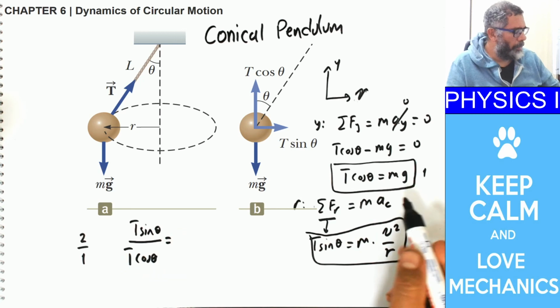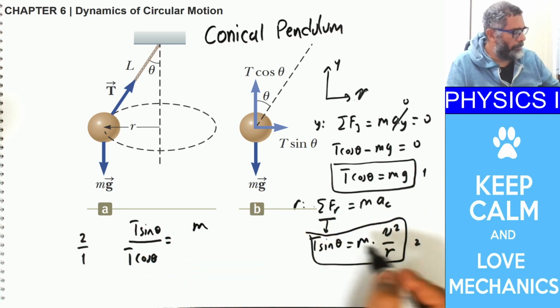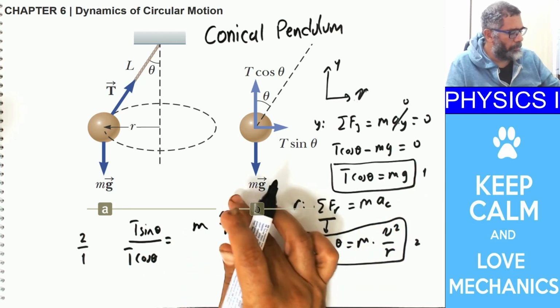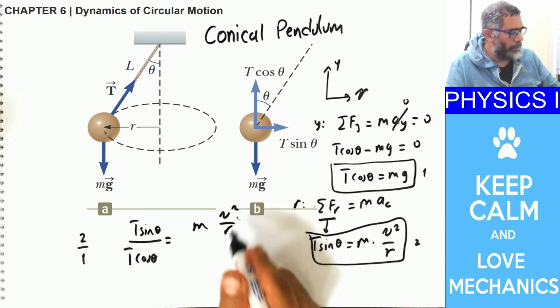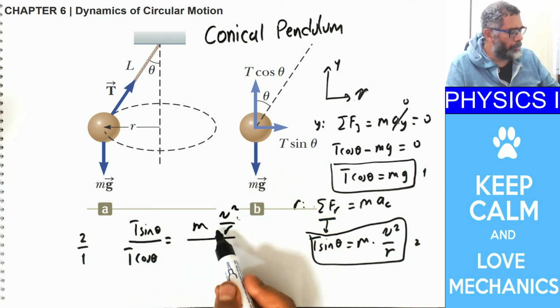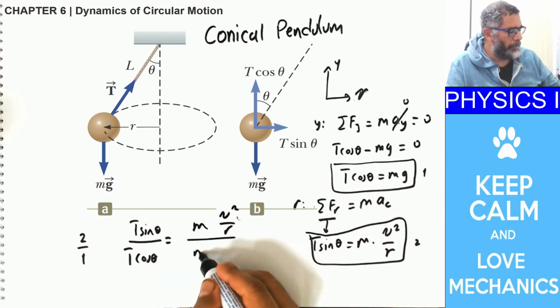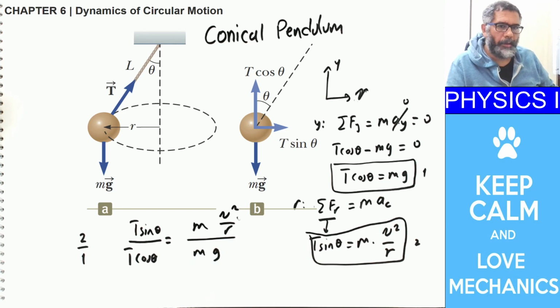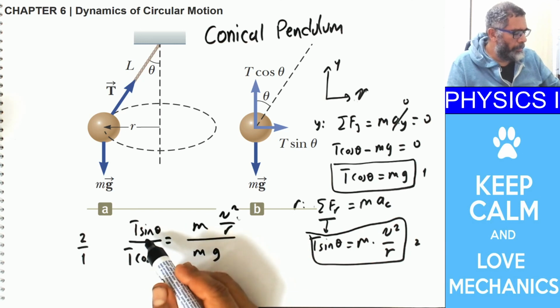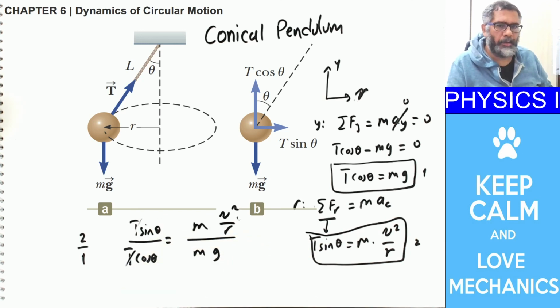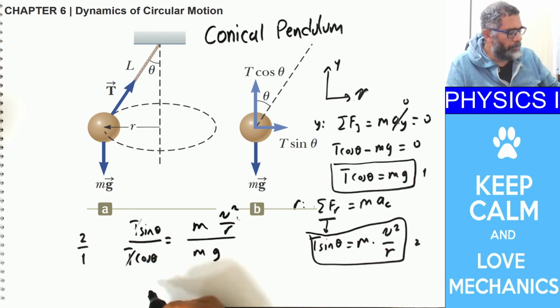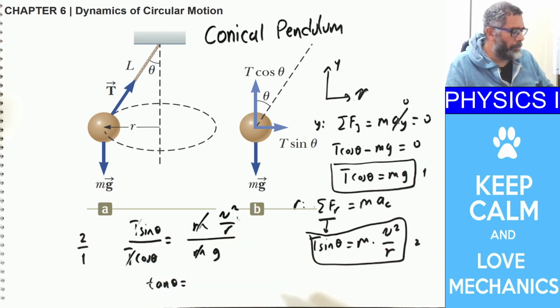This is equal to m v squared divided by r divided by m g, because T sine theta is just equal to m v squared over r, and T cosine theta is just equal to m g, right? So these T's will just cancel out. We will have just tangent theta on the left hand side, and the m's will also cancel out. We will have just v squared over r times g.